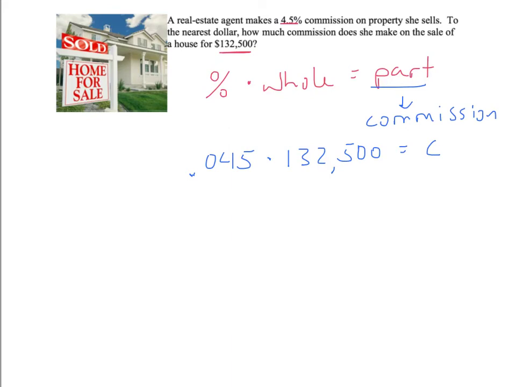And when I multiply that out, I get 5,962.50 is equal to her commission. So when she sold a house for $132,500, she made a commission of $5,962.50.